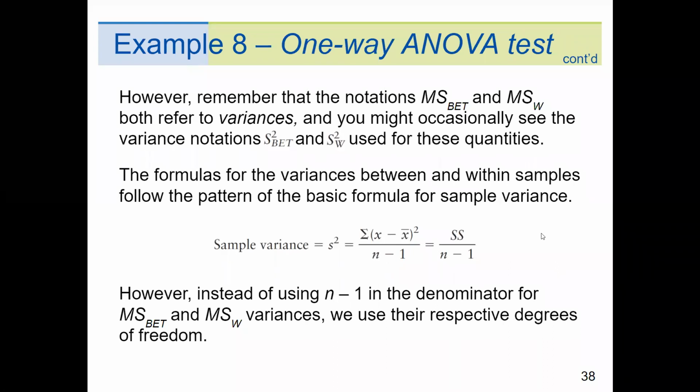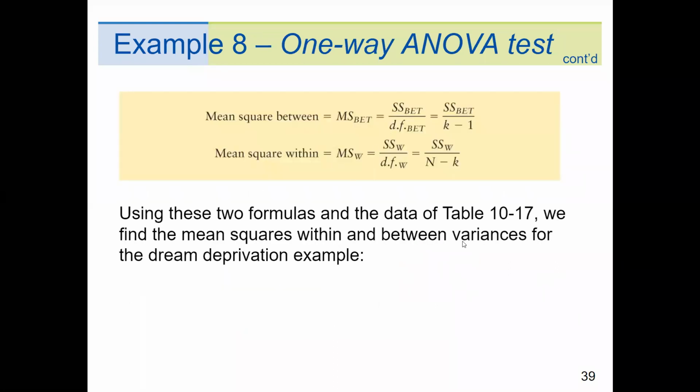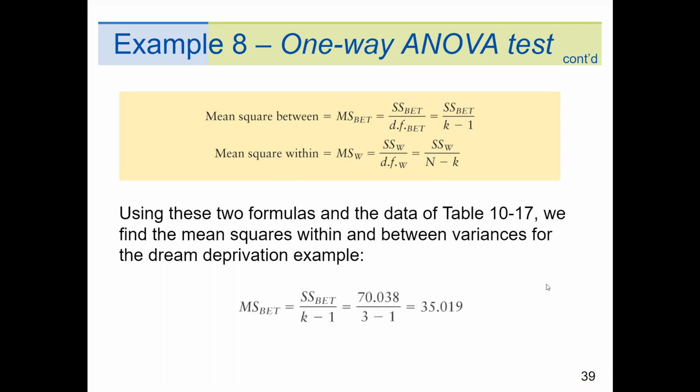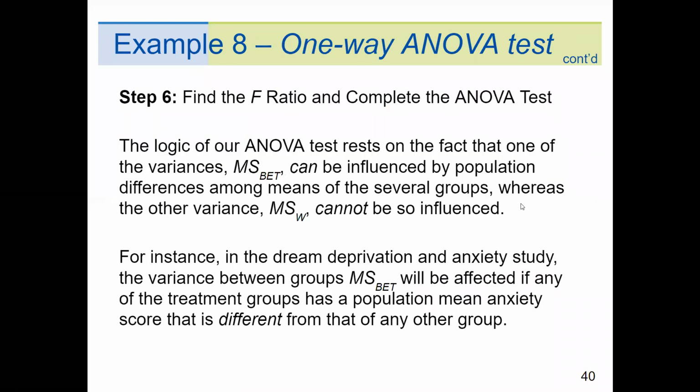Using these two formulas and the data of table 10.17, we find the mean squares within and between variances for the dream deprivation example. Mean squares between is 35.019, mean squares within is 4.264. Find the F ratio and complete the ANOVA test.